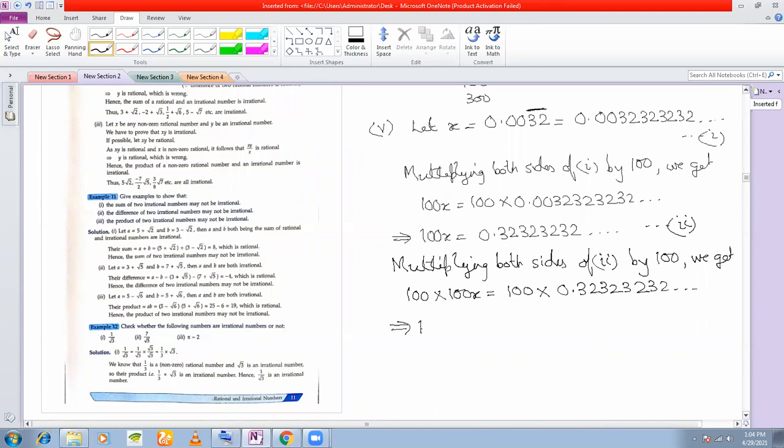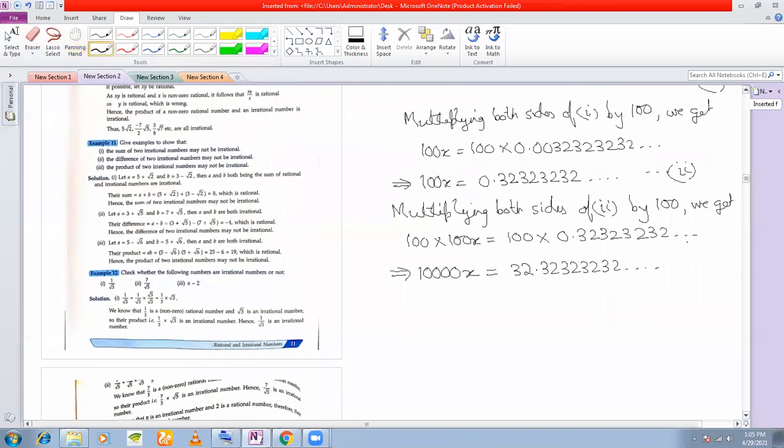So you get 10,000x is equal to, again 2 zeros shift on the right hand side, you get 32.32, 32, 32, 32, and so on. Right. So now we call this equation number 3. Okay.